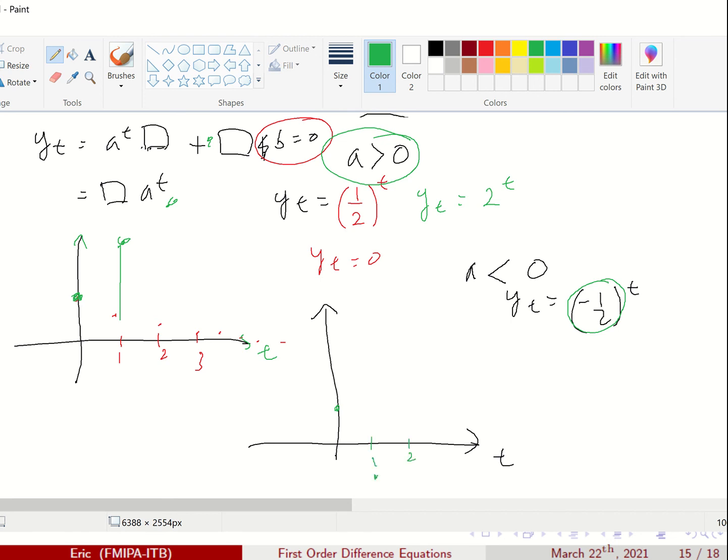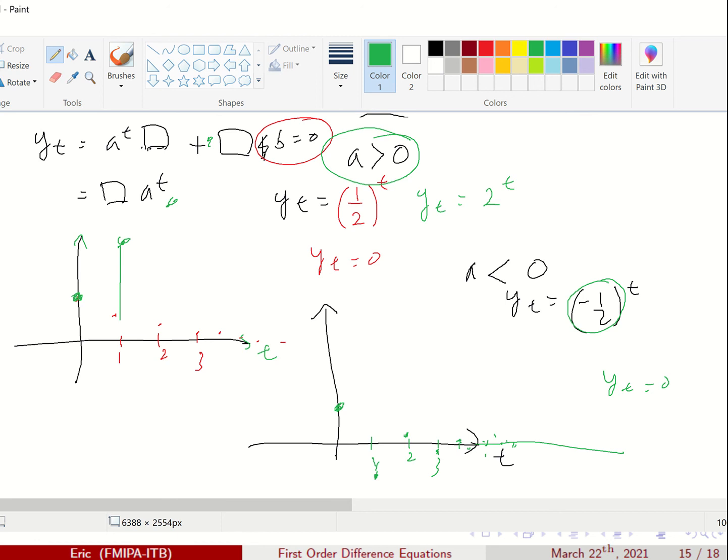When 2, you have 1 over 4. When 3, minus 1 over 8. So you have this trend: up, down, up, down, but it will converge to 0, the steady state y_t equals 0, because b equals 0. So the steady state solution is 0. So if a is less than 0, if you have minus a half, then it will converge oscillatory.